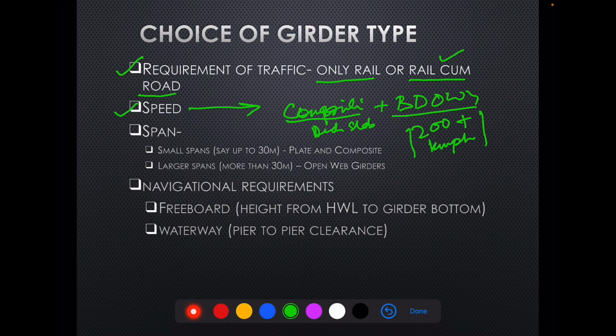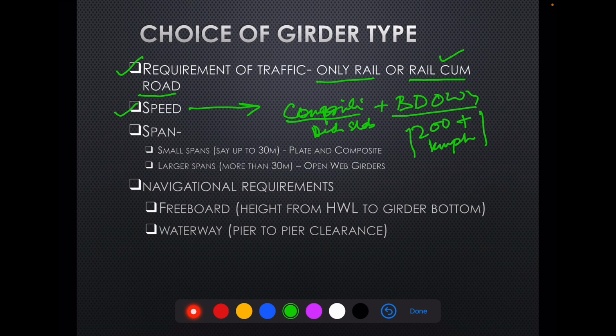But when we want to go for bridges suitable for higher speeds like 200 kmph and beyond, we have to perform dynamic analysis, because there are certain parameters which are now required to be checked for these bridges, which otherwise do not come into picture in static analysis which is performed for lower speed bridges.